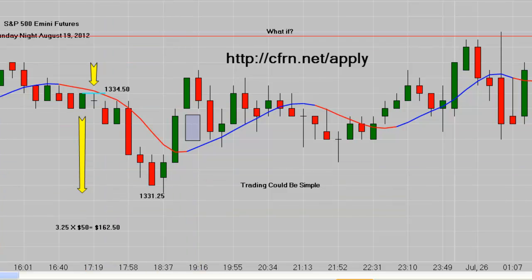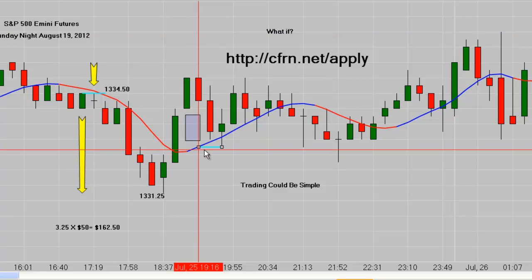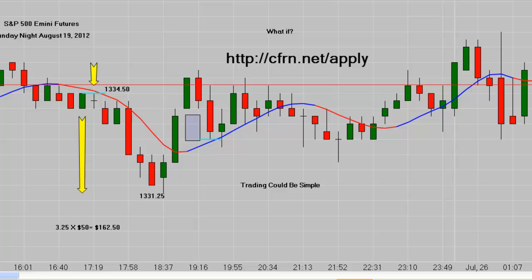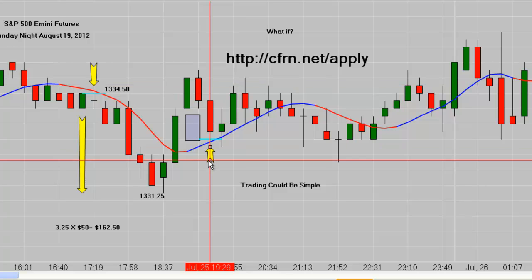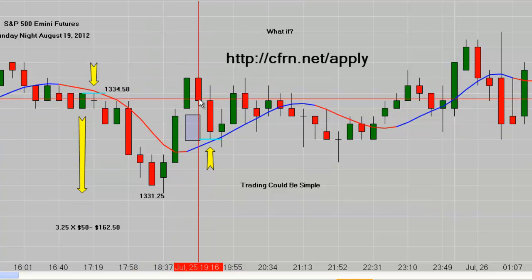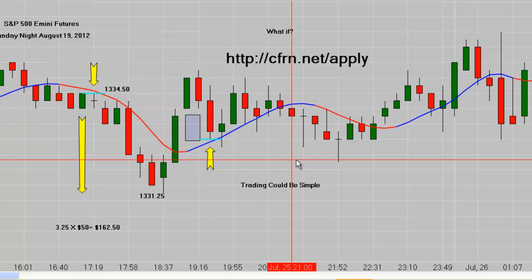Now, let's go draw our line right here. 1332.75, but that's not. That's 1333. The low of this candle was 1333. So that's where we would enter. Now the beauty of this is you know way ahead of time where you're going to be entering.